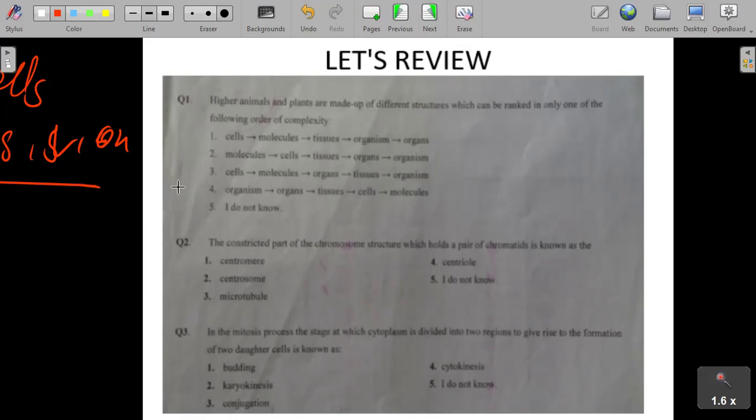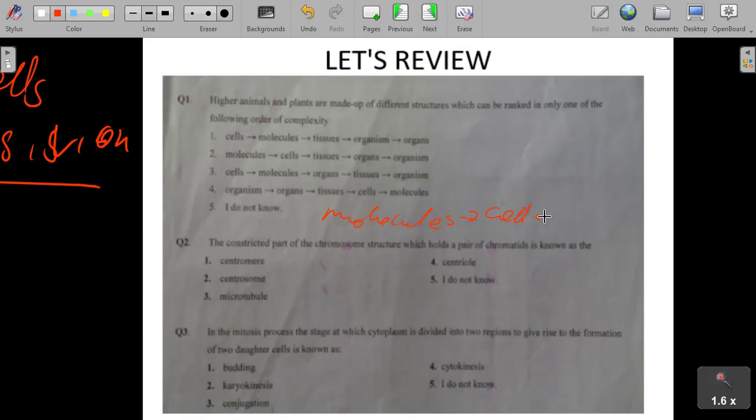With what we know, when we started doing macromolecules, you notice that the first thing you have is the molecules. The different biological molecules come together to form cell components.